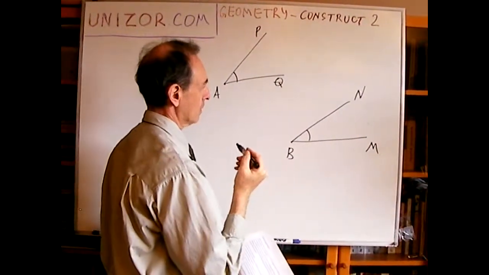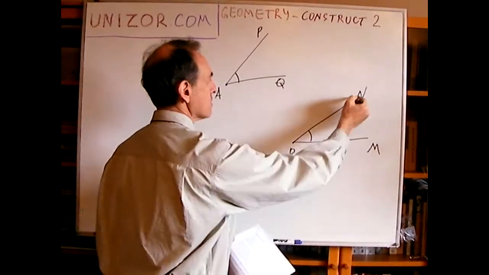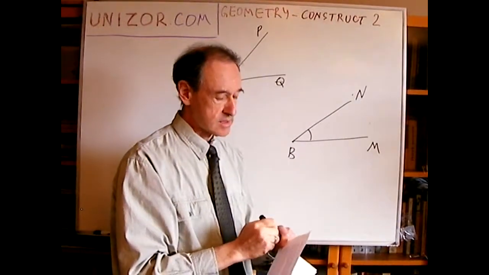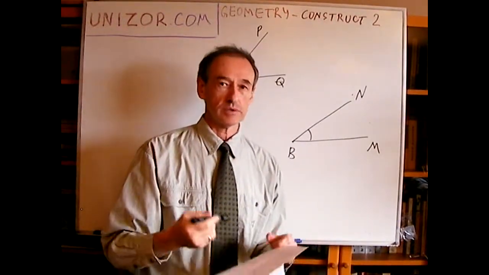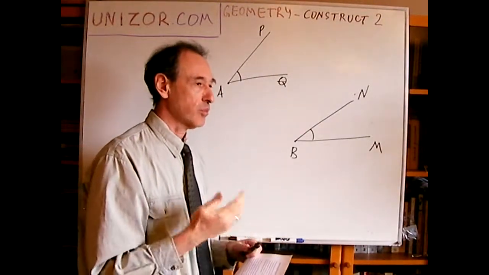So the only thing which you really have to construct in this case is this other ray, because this one should be given. Otherwise, the problem is not really specified in all the details.